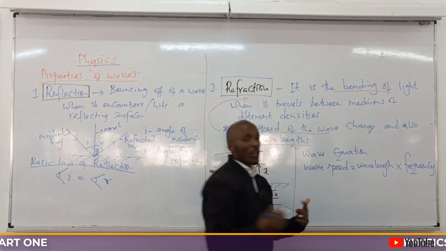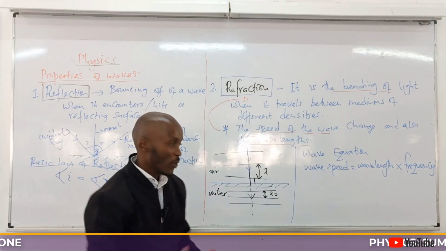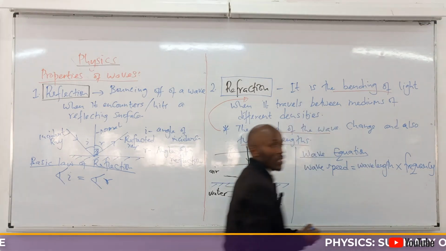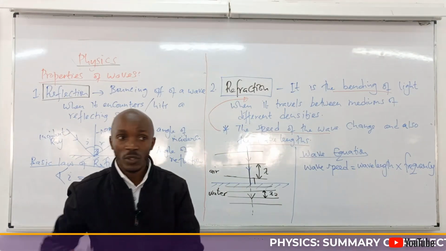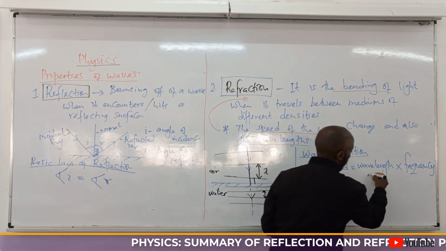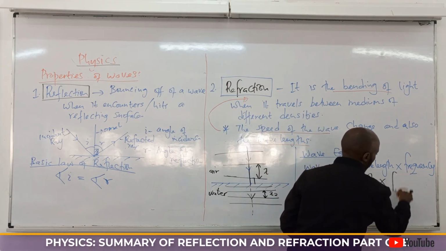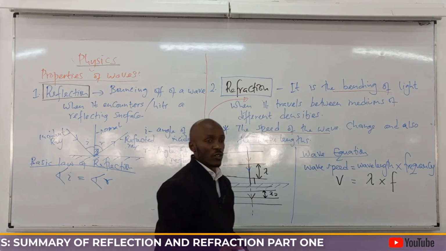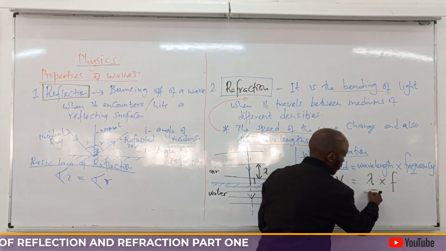That's the wave equation. We can also use symbols: V is wavelength times the frequency. So remember always, the wavelength is in meters.